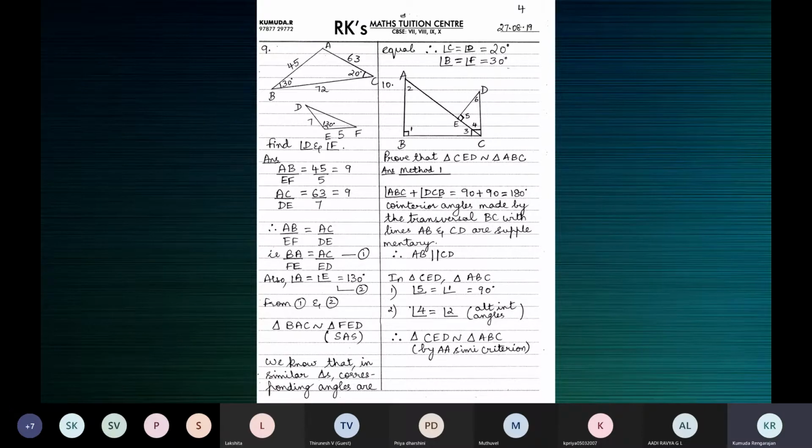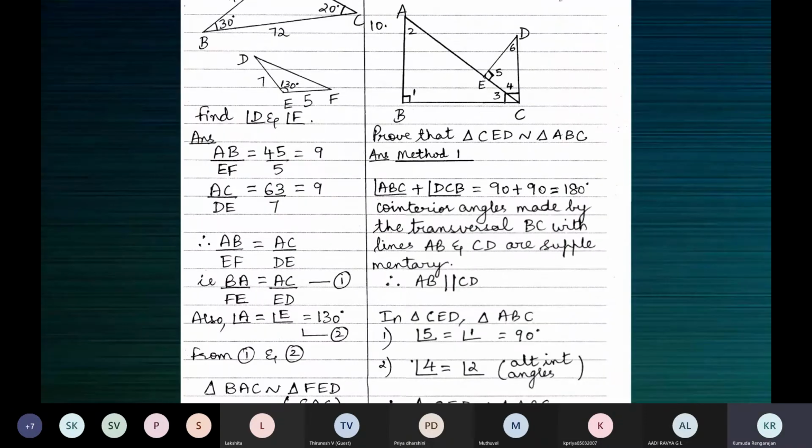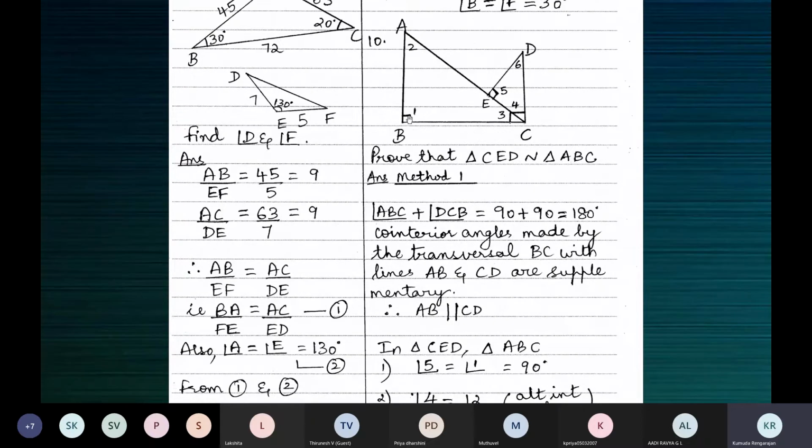What we saw in the last class is, you can see here, angle ABC, that is angle 1, is 90 degrees, and this angle DCB is also 90 degrees. Did I explain this, children, in the last class?